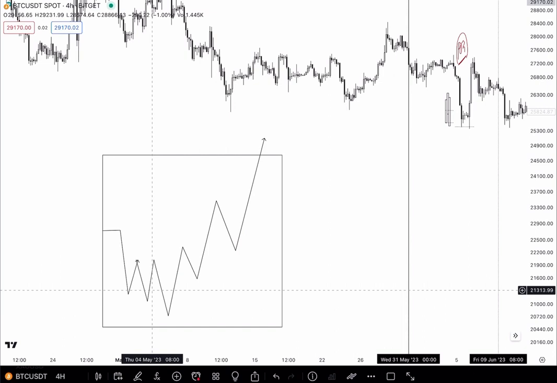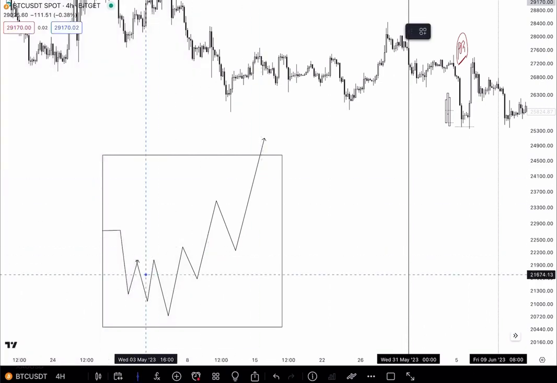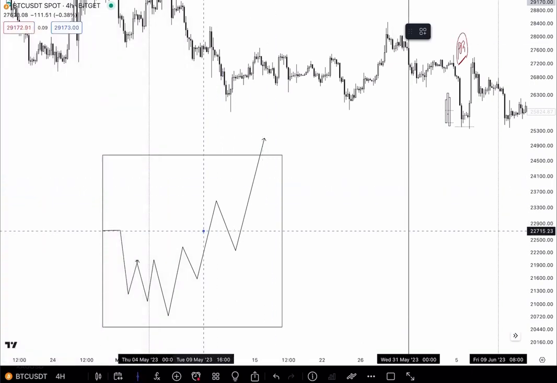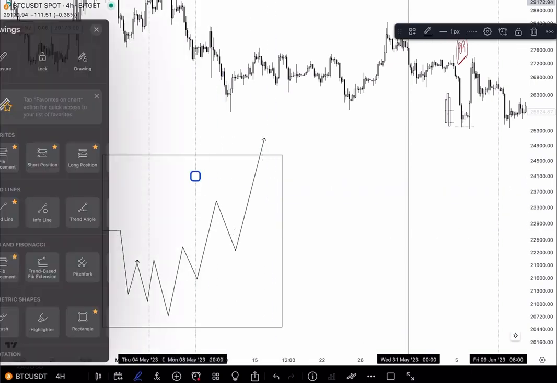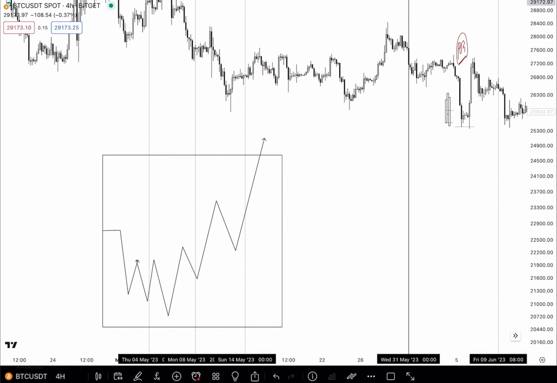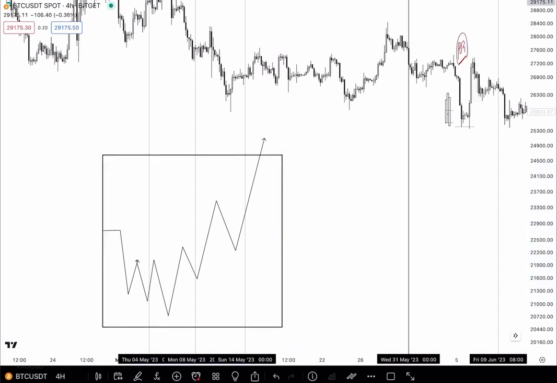Candle 1, candle 2, candle 3 of the same higher time frame candle we are trying to predict, right?